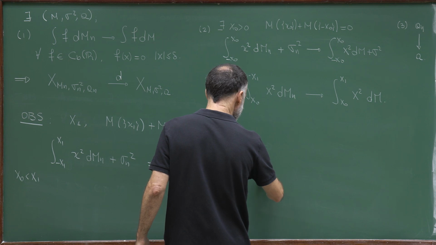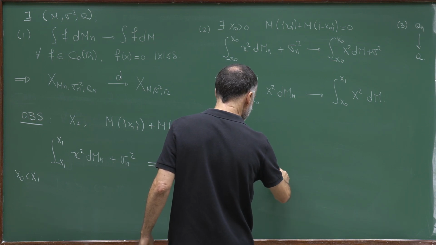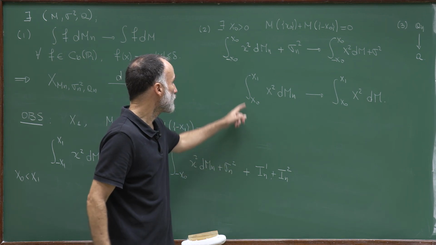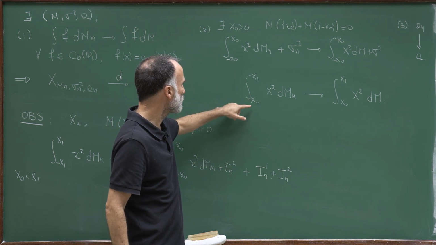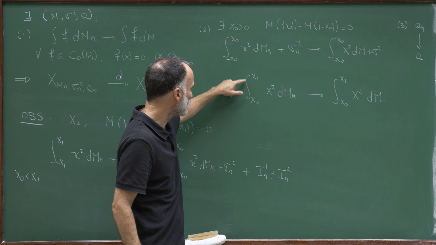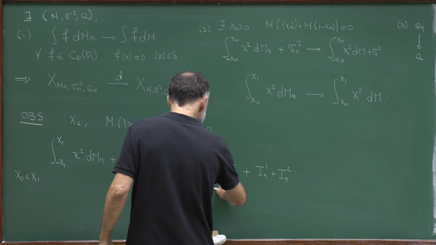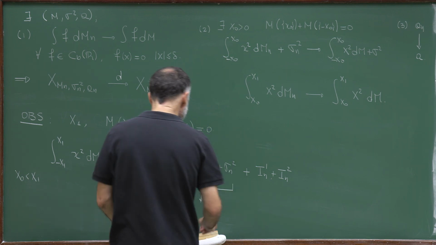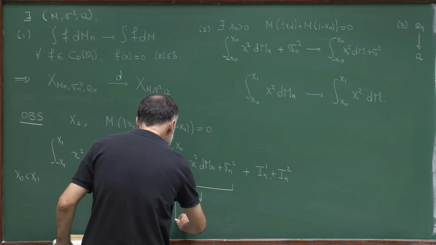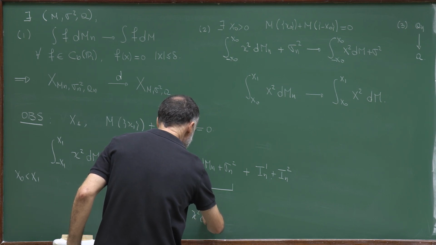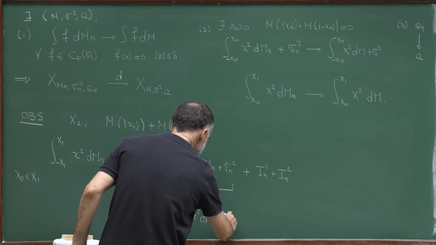Here I have two terms, In1 plus In2. In1 is this term, In2 is the other one, which goes from minus x1 to minus x0. This expression here converges by assumption to the integral from minus x0 to x0 of x squared dm plus sigma squared.